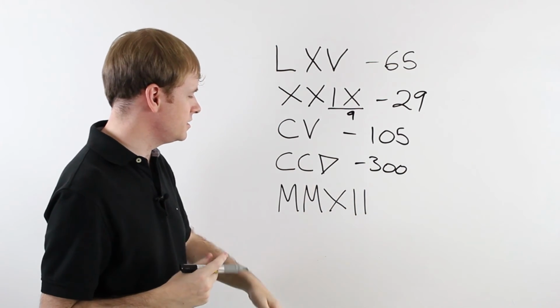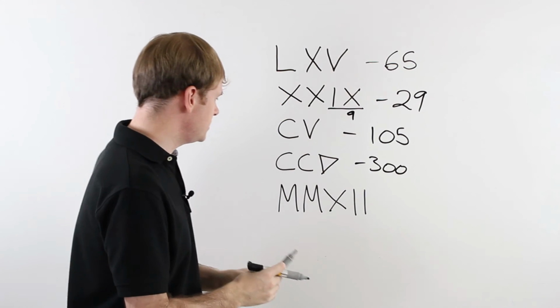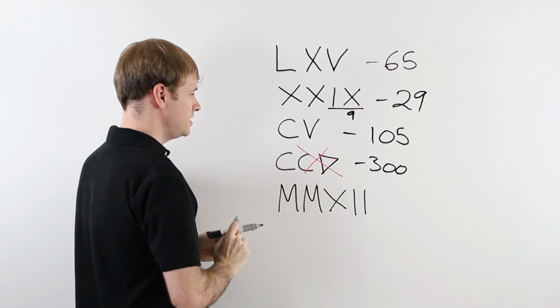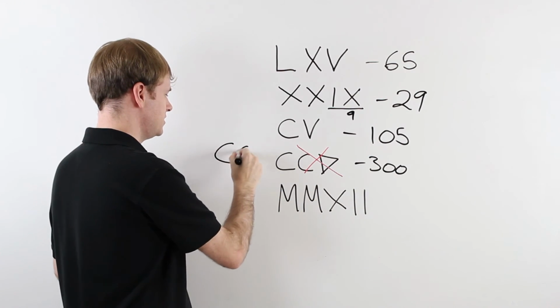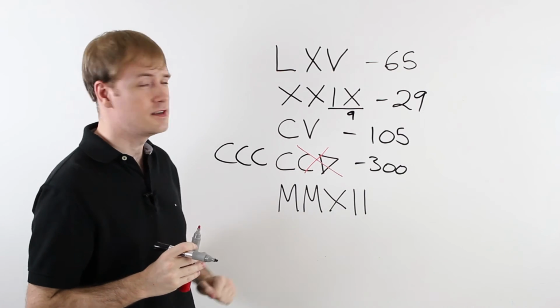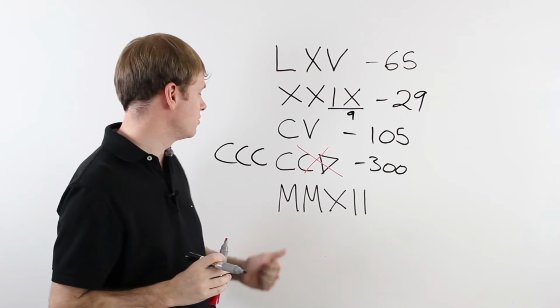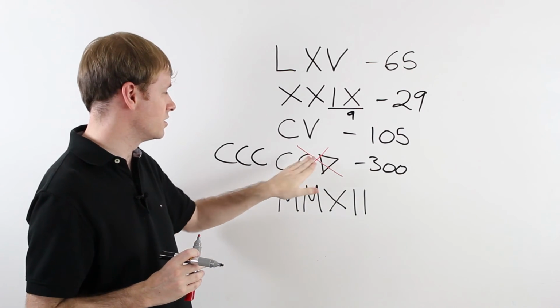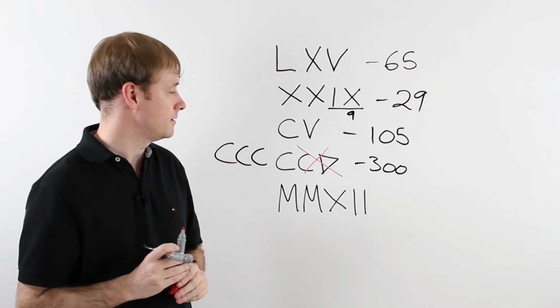Okay, but CCD, I tricked you. CCD is impossible. 300 can only be CCC. All right. CCD, that is impossible. That is wrong. You cannot write it CCD.